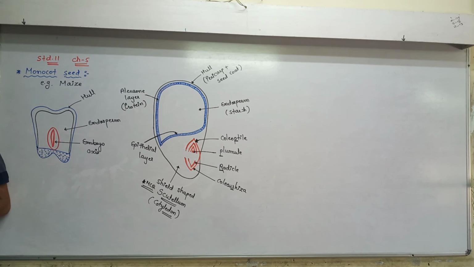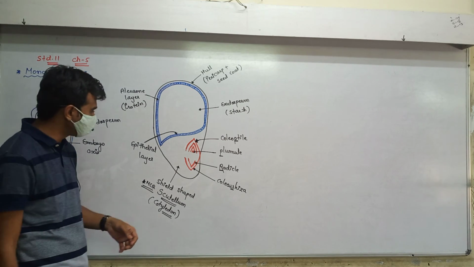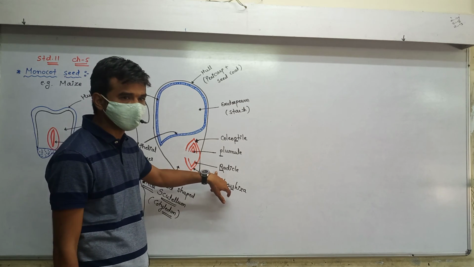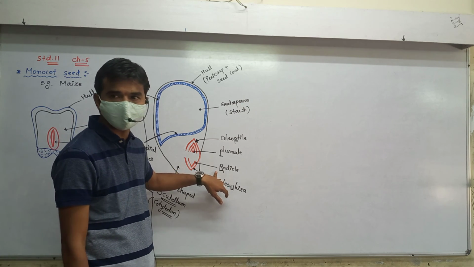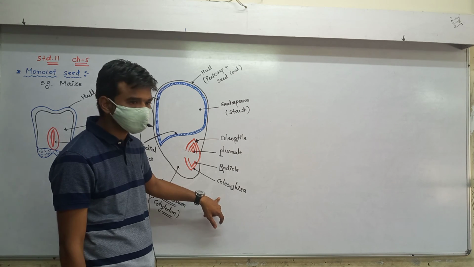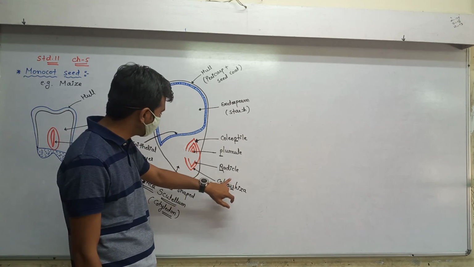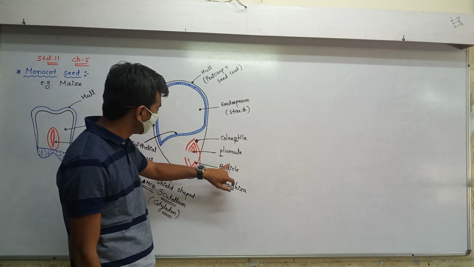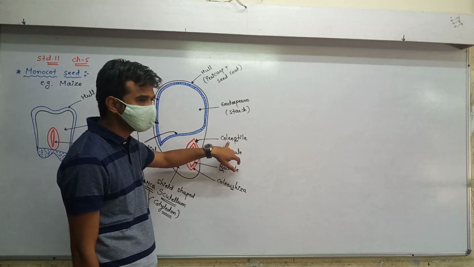Sometimes we make the mistake like this: radicle is protected by coleoptile. So remember R to R. If you want to write about the radicle, think of the protecting layer related to rhiza. So the radicle is covered by coleorhiza and the plumule is protected by the coleoptile.